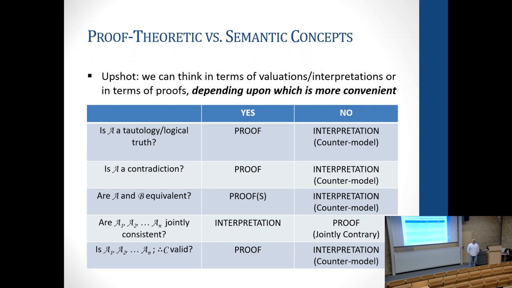If we want to show it's not, cool. We build an interpretation. If we want to show a sentence is a contradiction, we can prove it. How do we prove it? We take it as our one assumption and we derive a contradiction. If we want to show it's not, we build an interpretation. So going way back to the end of week 6, I gave you something very like this, but it had gaps here and there.